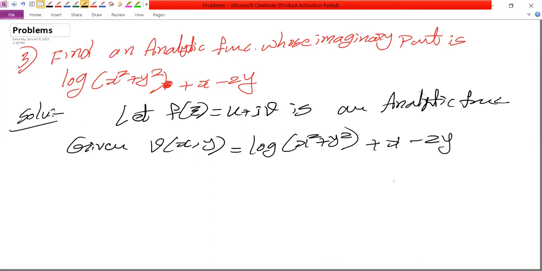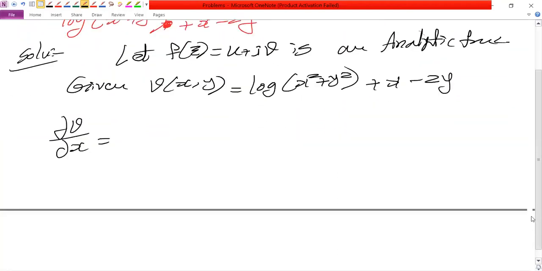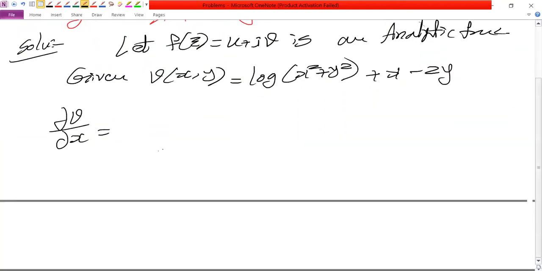Okay, so what we discussed, whenever they give u function or v function, immediately find out dou v by dou x and dou v by dou y if they given v. If they give u, immediately find out dou u by dou x and dou u by dou y. So finding dou v by dou x: partial differentiation of v with respect to x, treat y constant.